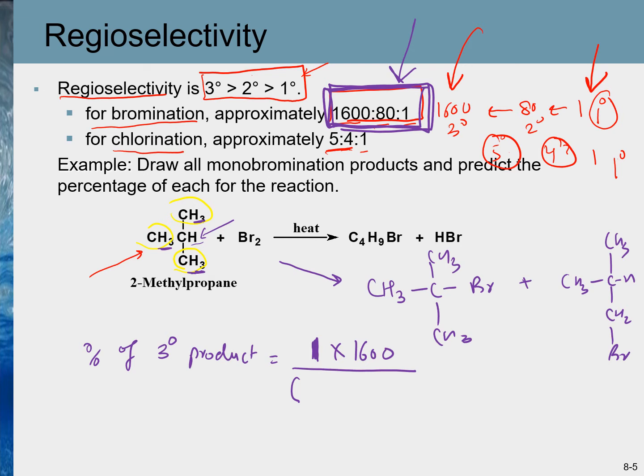So it would be 1 times 1600, there is no secondary, so 0 times 80, plus 9 times 1.